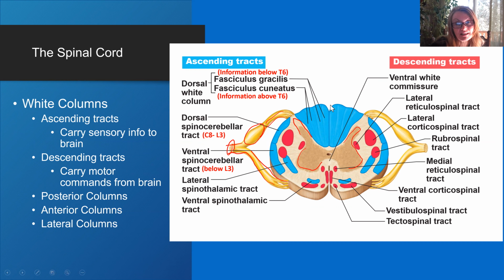And they did it to show you that we have these tracts, either ascending, and ascending means we will go towards the brain, or descending in red, and descending means you will go from the brain down the spinal cord and then to your nerves, right, and to the periphery of your body. So ascending tracts go up, they carry sensory information. That makes sense. If your brain receives something, it's always sensory information. Descending tracts carry motor commands from the brain. And we have here posterior, anterior, and lateral columns, right?